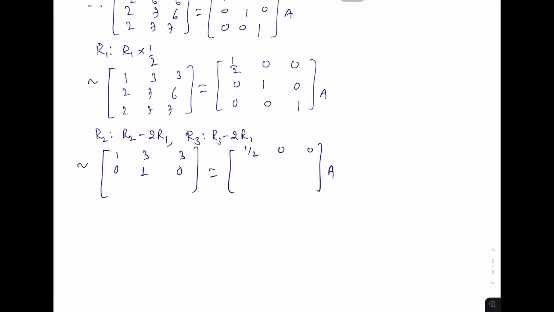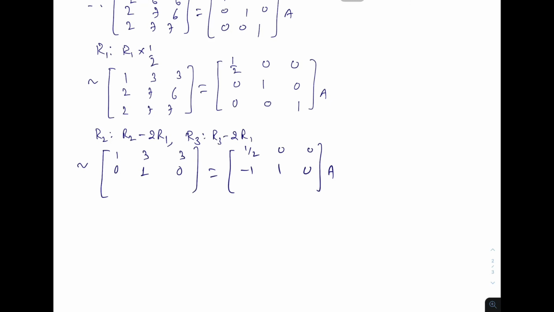This side R2 minus 2 R1, so if I take minus 2 here, that will be minus 1, add here, so that is minus 1, and because of these two 0, there won't be any change here, so that will be 1 0.